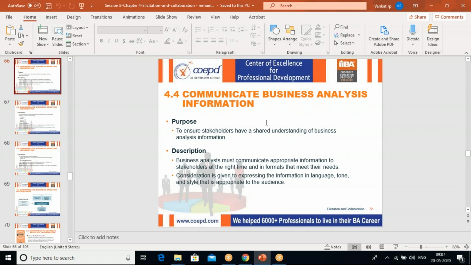The client was maintaining his own data in one structure. The business analyst, while interacting with the client, took that information and changed the format into a different structure. A very simple example will give you a clue.